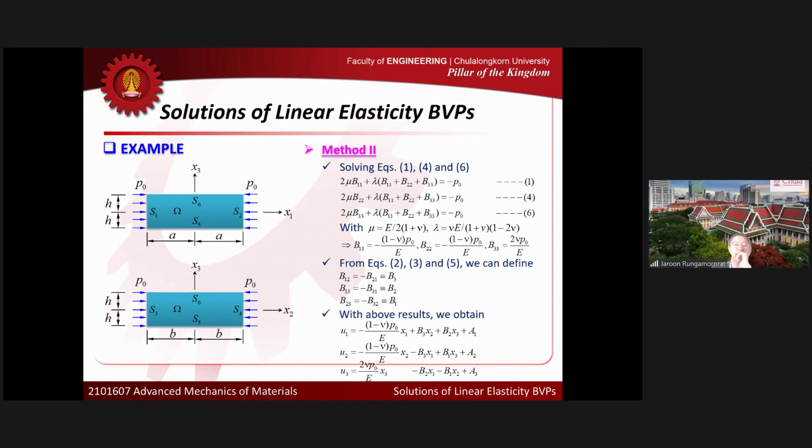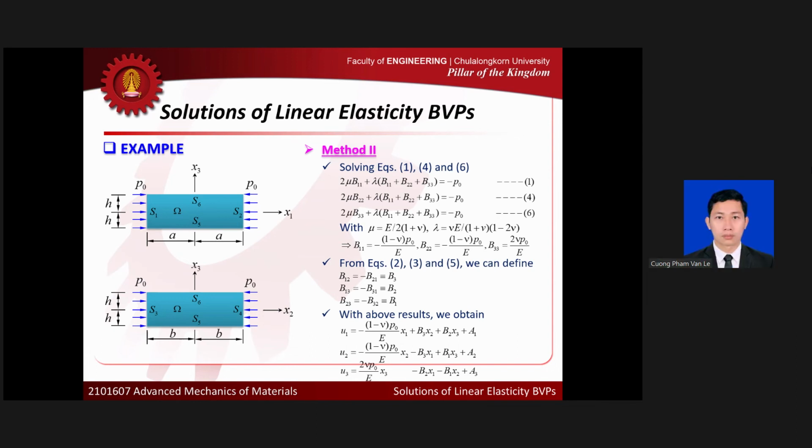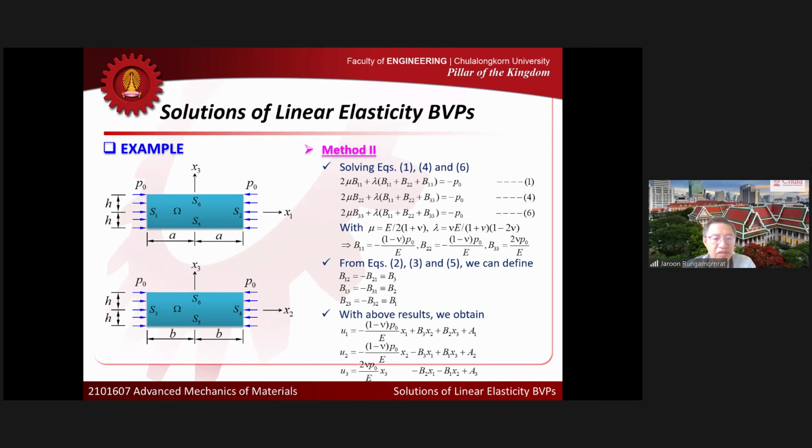Why? I think you are confused about the uniqueness of the solution. When I concluded about uniqueness, I concluded about the uniqueness of strain and stress. Strain and stress are always unique. It doesn't depend on how you restrain the body against the rigid body movement.